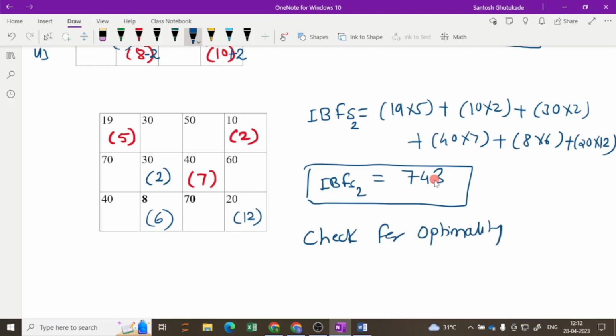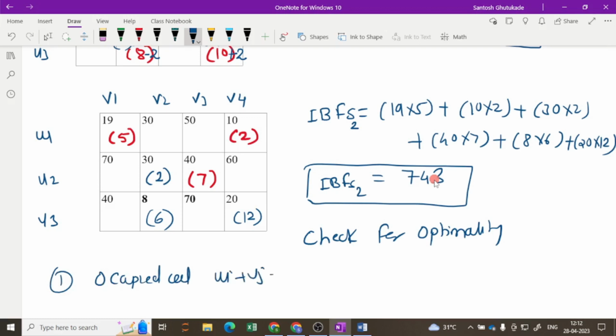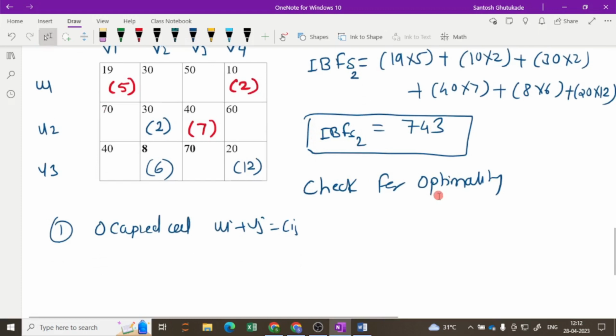So checking for optimality means what? Again we are giving the names u1, u2, u3 and v1, v2, v3 and v4, and again we are calculating first for the occupied cells. So the relation is ui plus vj is equal to cij. In the same way, u1 plus v1 is equal to 19.